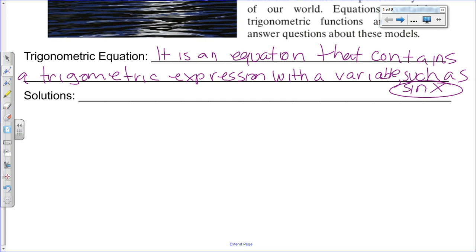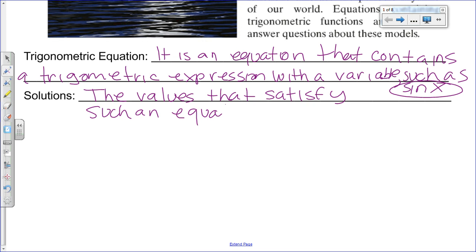Okay? And the solutions are going to be the values that satisfy such an equation. So that's the definition for a solution.